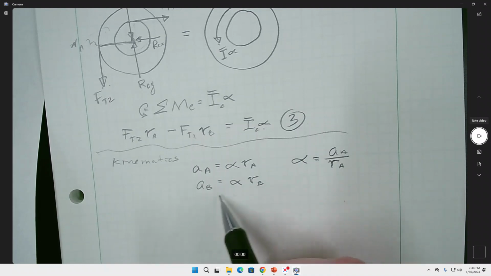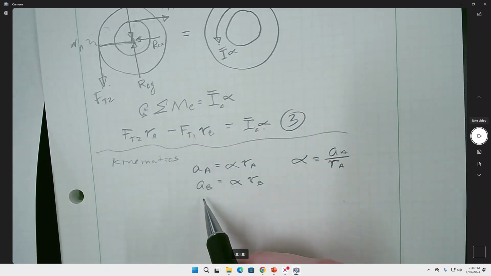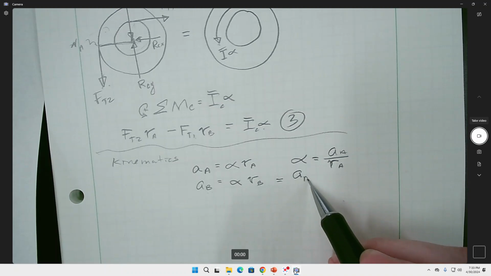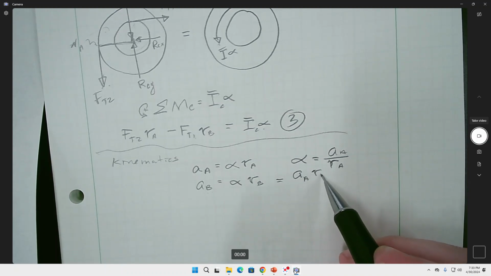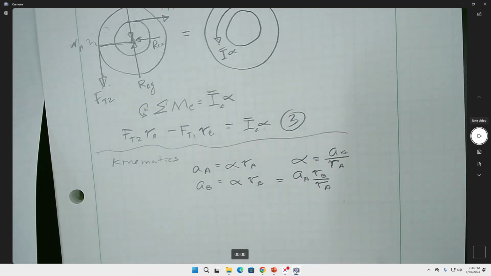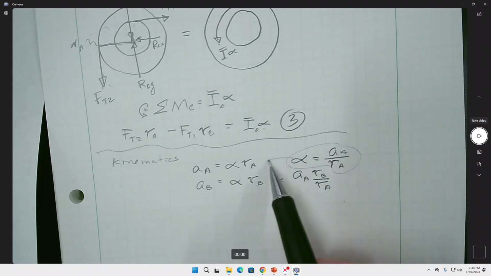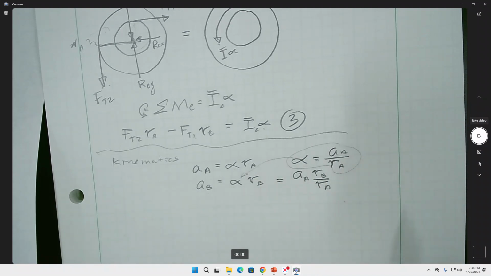We can also say that therefore AB is going to be equal to AA times RB divided by RA. Did you see that? I solved this one, and then I plugged it back into that one.